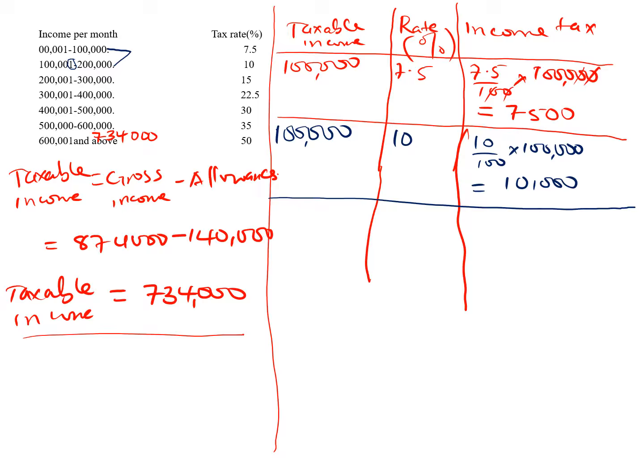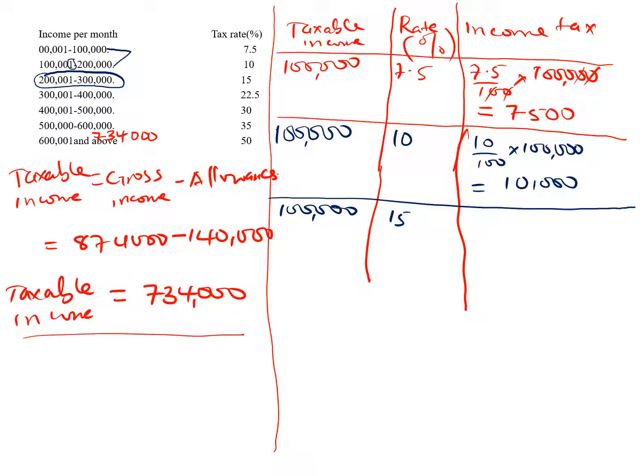And then also here, I'll come now, I deal with this. From 200,000 to 300,000, how much is there? Still it is 300,000 minus 200,000, I get 100,000. And the rate here is 15%.